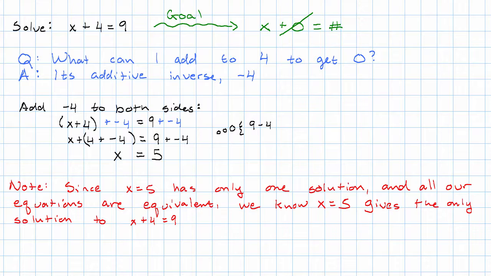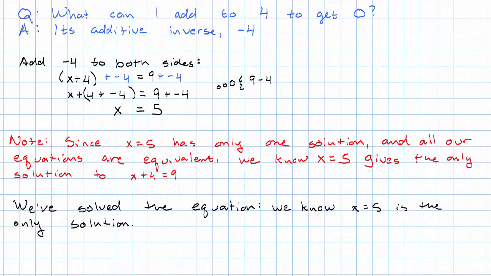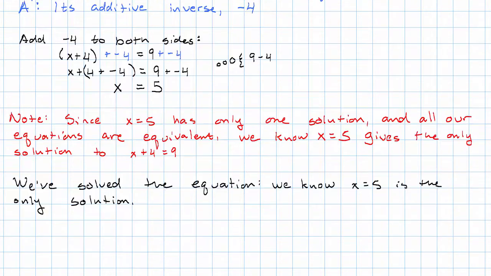Thus we've successfully solved the equation because we know for sure that x equals 5 is the only solution. Remember that to solve an equation meant to find all of the solutions and to know that we've found all of the solutions.